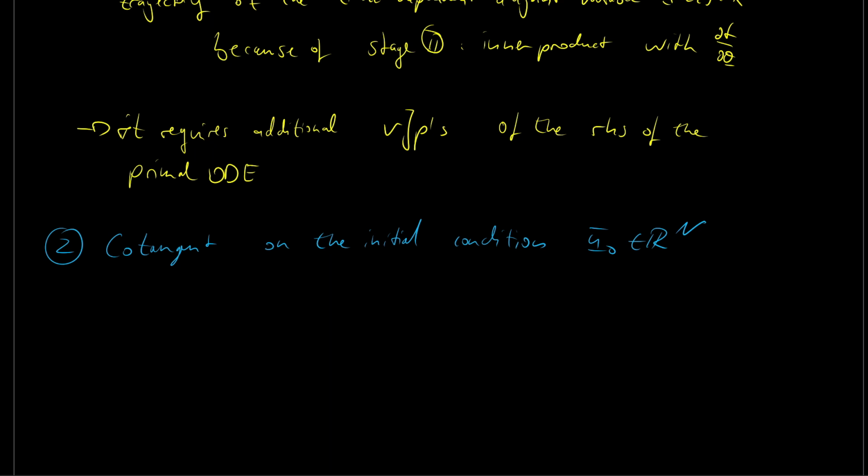And if we are thinking in this neural ODE interpretation, the u0 was the starting point. Let's say, for instance, you use a neural ODE to transform images, then this would be your input image. And then after the application of the neural ODE, you will get an output image. And now you have cotangent information on the output image and want to backpropagate it to this input image.